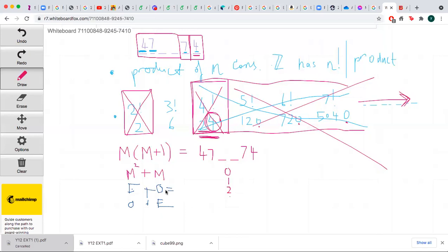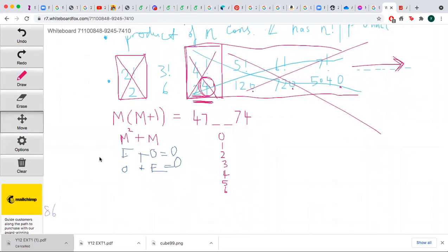Oh, okay, cool. This is different to what I thought, but I like to see new methods. All right, we'll go through both. That's cool. 7, 8, 9. Okay, so basically, let's say m is even.